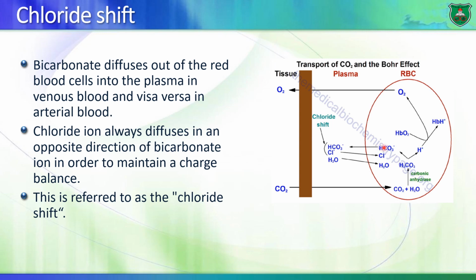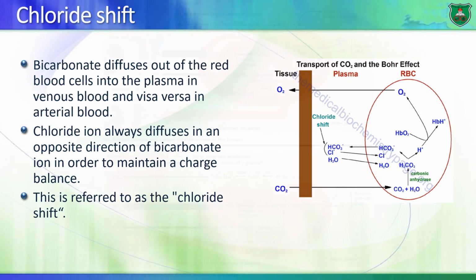So whenever you have exit of the bicarbonate ion out of red blood cells, this is balanced by entry of chloride ions. And whenever the bicarbonate ion gets into cells, the chloride ions would go out. So this is known as the chloride shift, and it maintains charge difference across the plasma membrane of red blood cells.